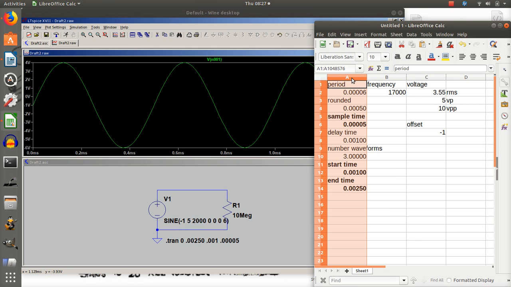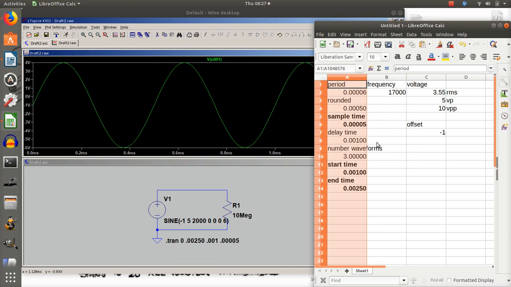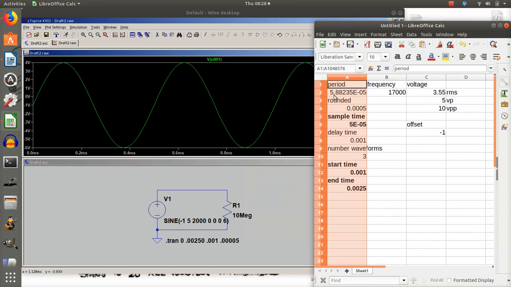Let's go back to a general format. Let's see, format cells. Let's just click back on general for number and click OK. Okay, so I'm really 5.88 times 10 to the minus 5. So that's 0.0005.